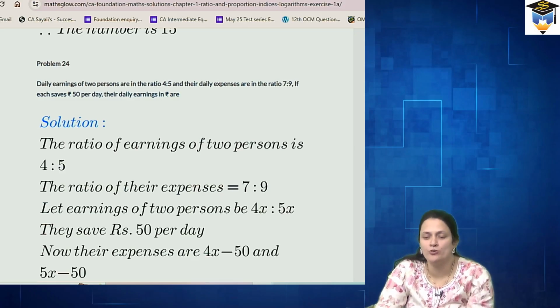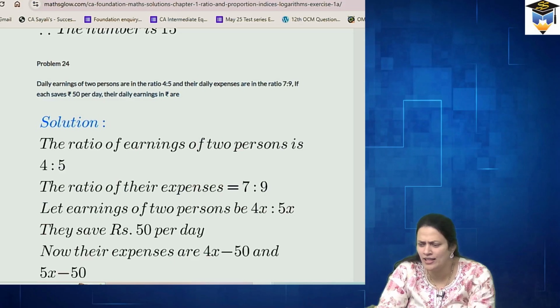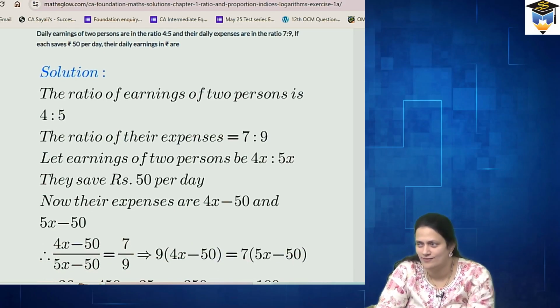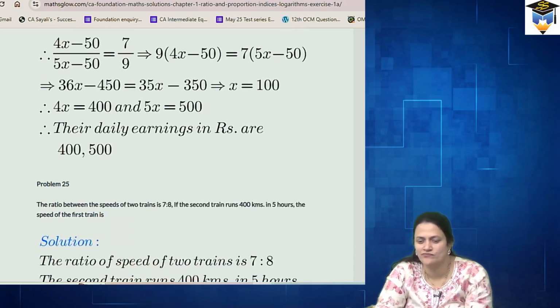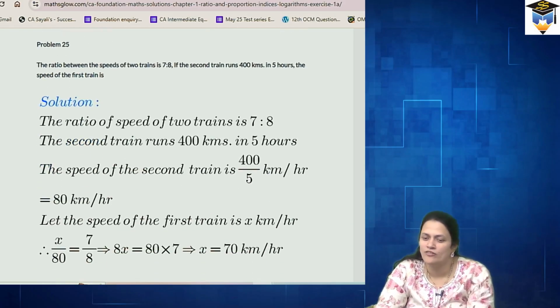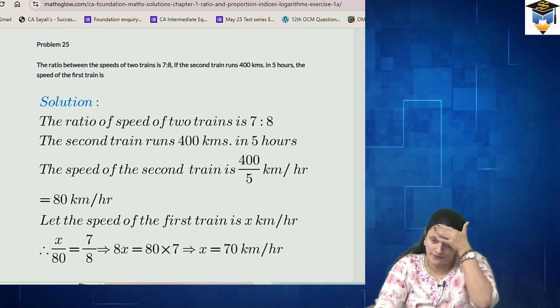Daily earnings of 2 persons. We have done this the same as the solved example, the same way. So we will do the last one. The ratio between the speed of two trains is 7:8.